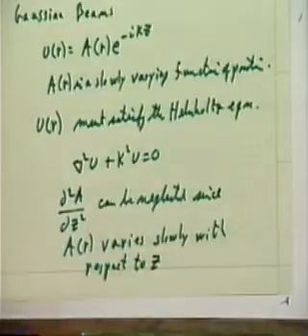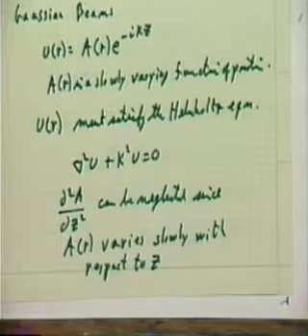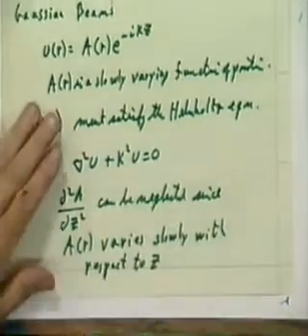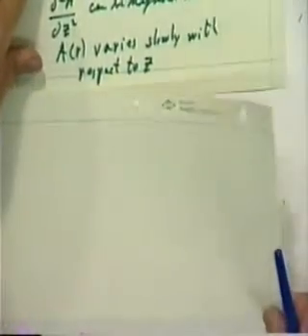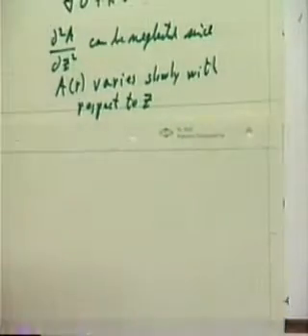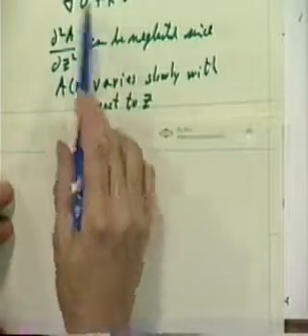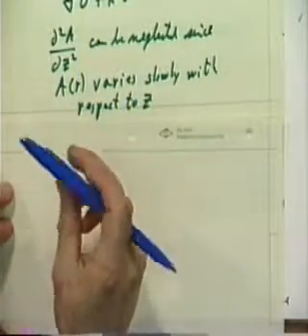Okay, my pen is dying, so I'll switch colors here. Okay, and then just I think at the end of class, what we were doing then was to plug this into the Helmholtz equation here.